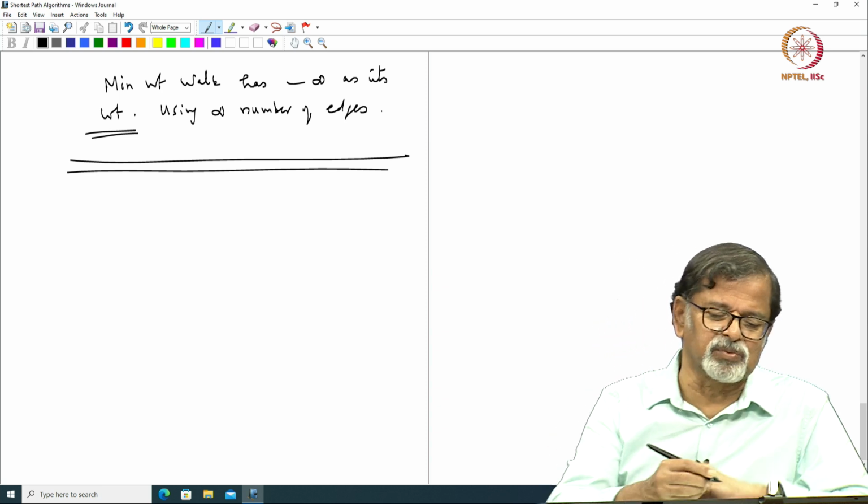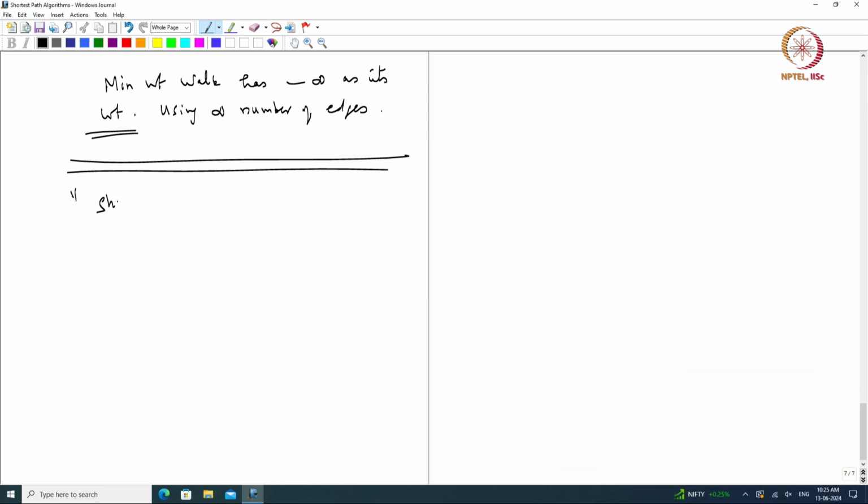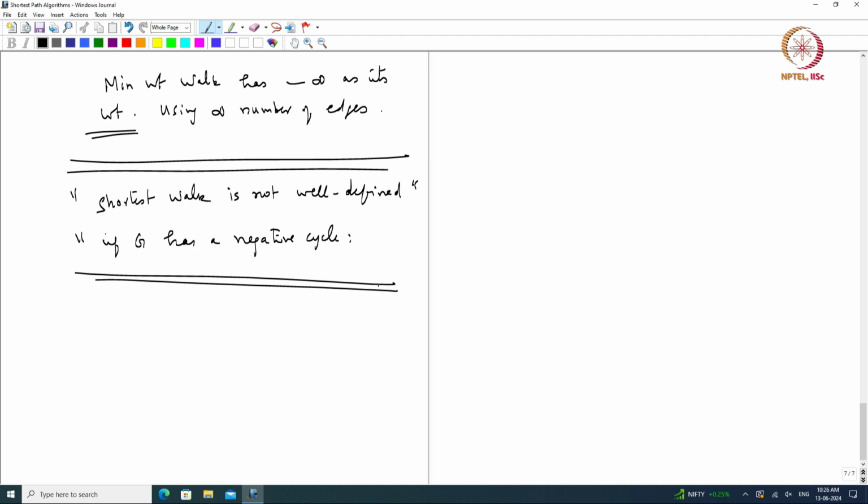This is one reason why we say the shortest walk is not well defined, especially if G has a negative cycle. If G has a negative cycle, it could become minus infinity.